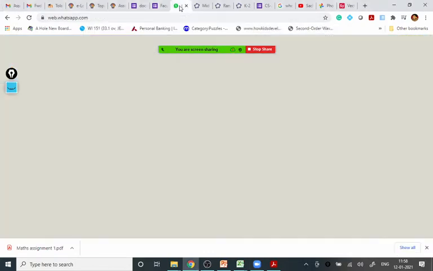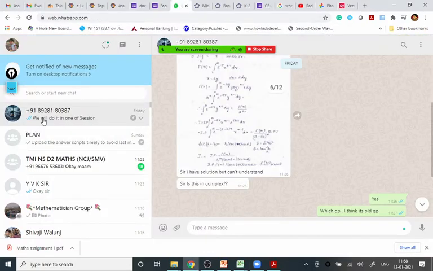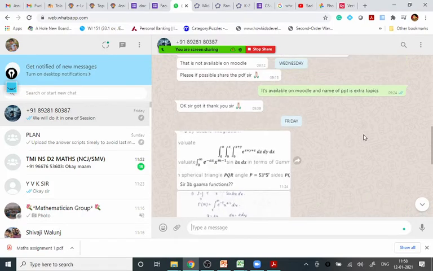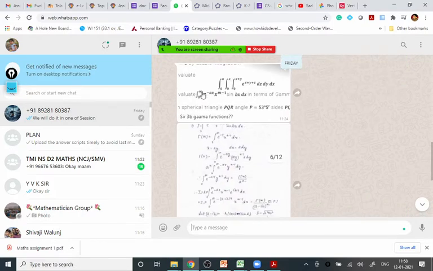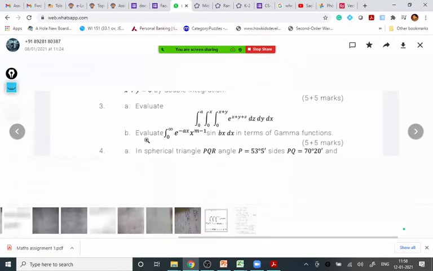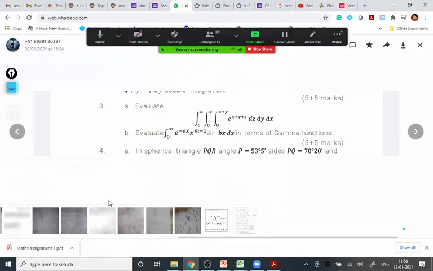Someone gave me this question. I don't remember the name right now. So here is a question, I will show you. This is a question which was asked in one of the question papers. Evaluate integral 0 to infinity e raised to minus x, x raised to m minus 1 sine bx dx in terms of a gamma function. But now the problem with this question is, someone is on the chat, let me check.